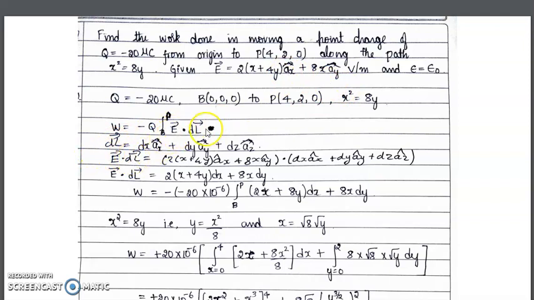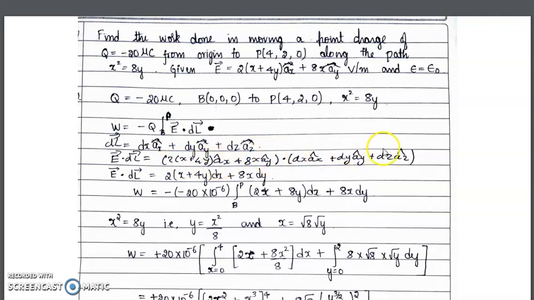If you take the dot product between E and dl, with E equal to (2x plus 4y) ax cap plus 8x ay cap, you will get E dot dl equal to (2x plus 4y) dx plus 8x dy, because the dz term in the E equation is 0.